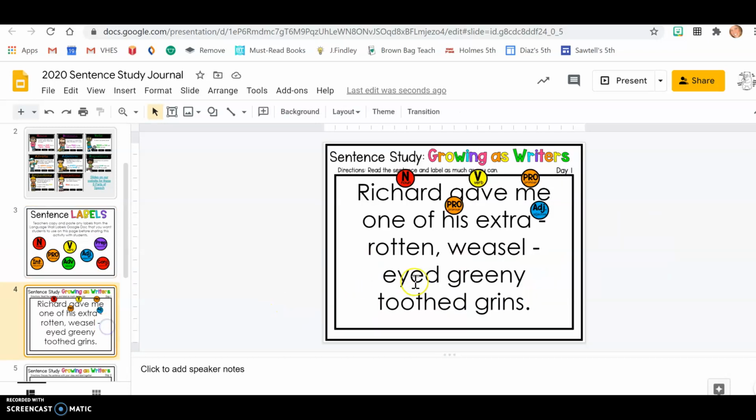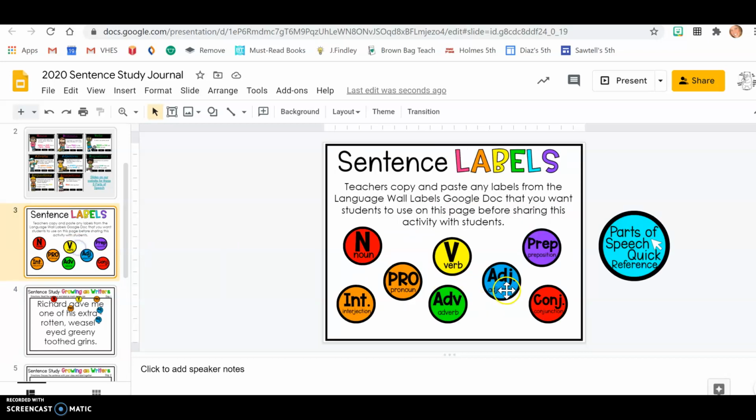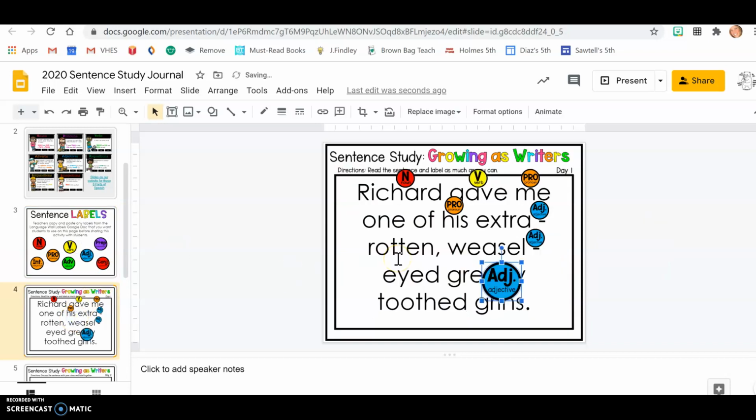Control C, Control V. Make it a little smaller and stick it above that hyphen because they're both weasel-eyed as a way to describe. Richard gave me one of his extra rotten weasel-eyed, greeny. Greeny is a color. So it's again describing what it looks like, which is an adjective. So Control C, Control V, make it a little smaller and stick it above.